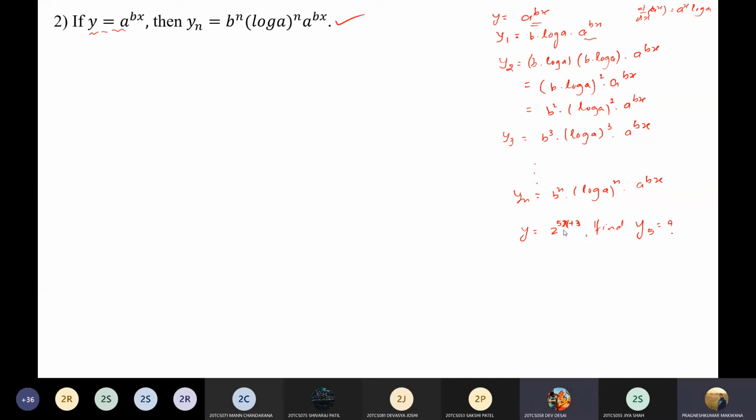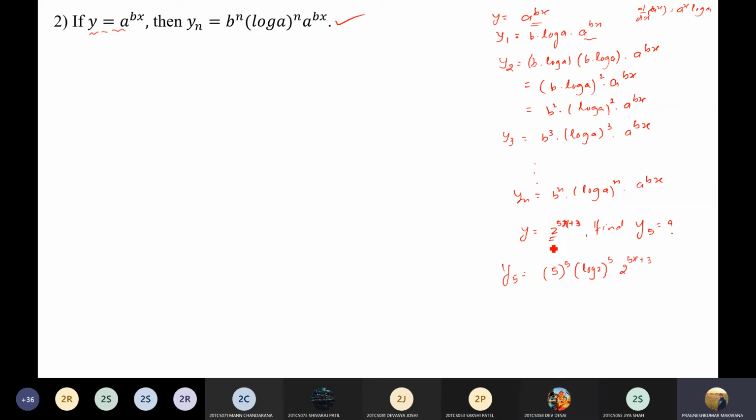The answer is 5 raised to 5 into log 2 raised to 5 into 2 raised to 5x plus 3. So that is the answer of y5.